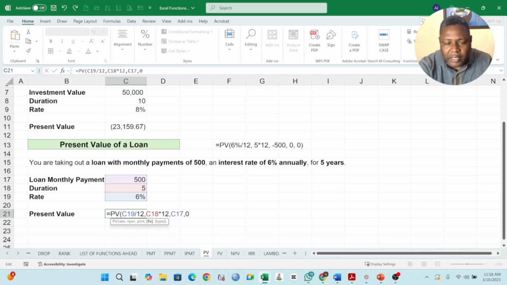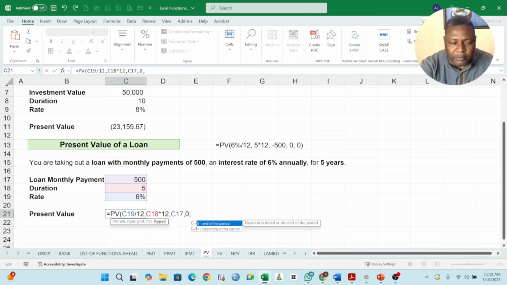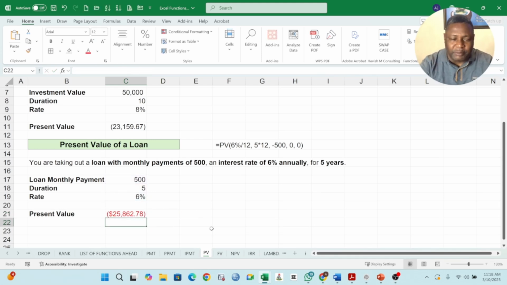I don't have a future value, and the last one, type, is optional. If you use the default, the default is end of period, and you can do without putting that. But if you are doing your payment at the beginning of period, then you should put 1. Since it's end of period, I can put 0 or do without it because it's optional.